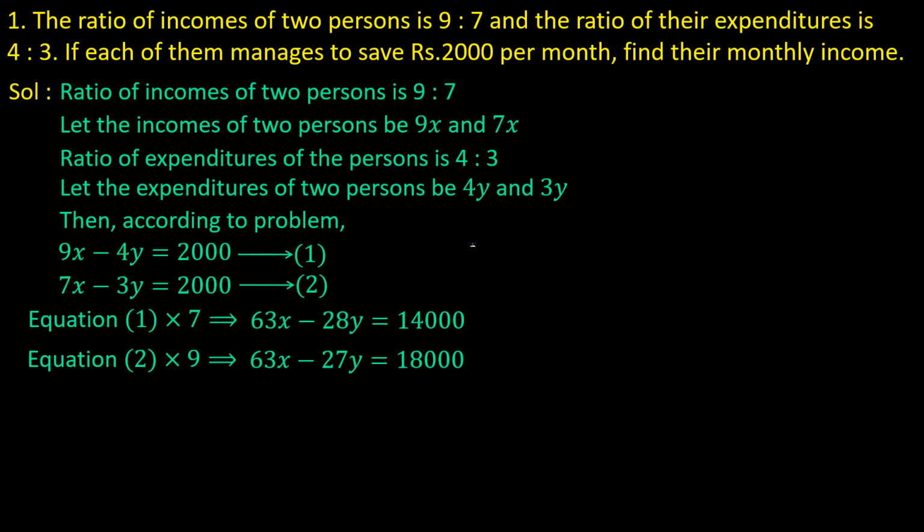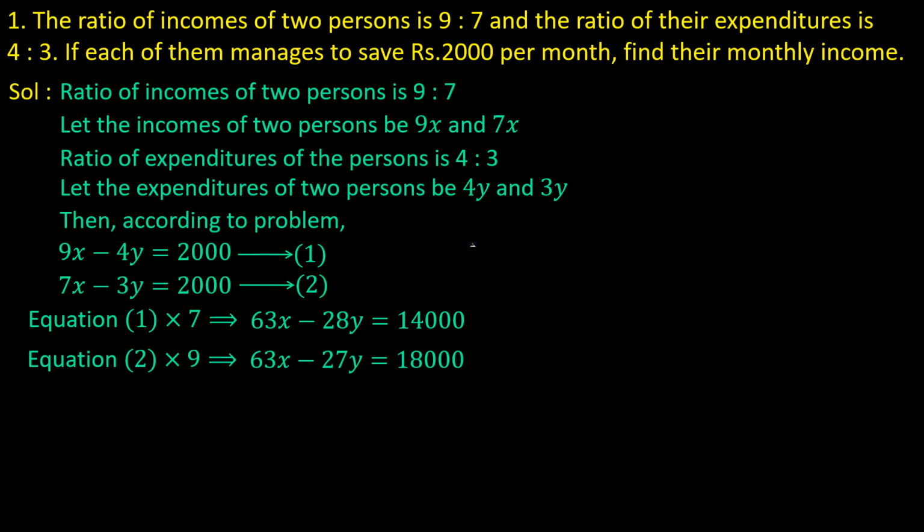If in the equations so formed the coefficients of any one variable are equal, then we can solve them directly without multiplying by any real numbers. But here, in the first equation the coefficient of x is 9, and in the second equation the coefficient of x is 7.